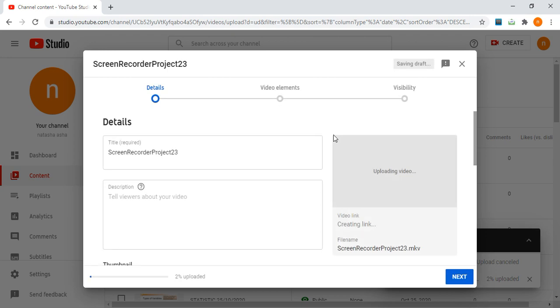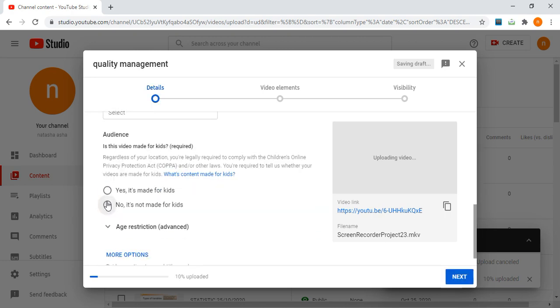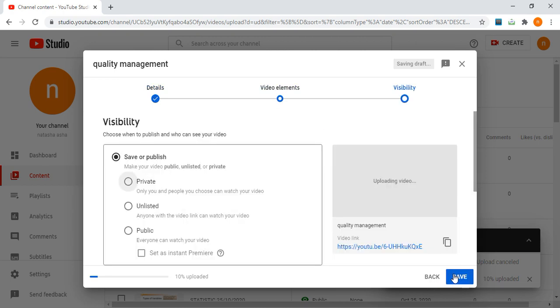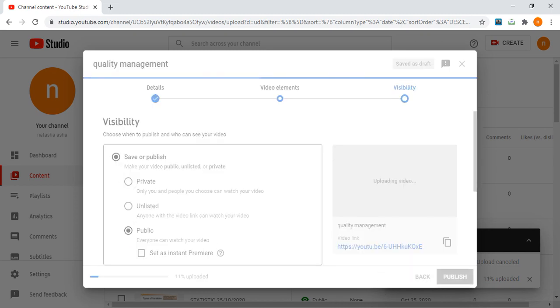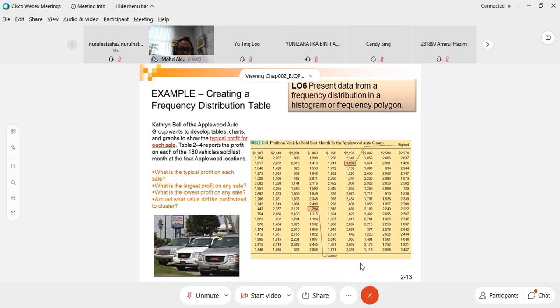Now we have 180 data. This 180 data is the profit of vehicles we sell to customers based on 4 locations. From this data, we want to know what a typical profit for the sales is, what the largest profit is, what the lowest profit is, and where the profit tends to cluster.